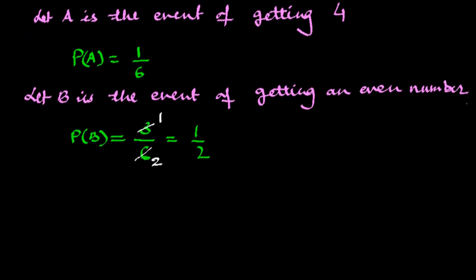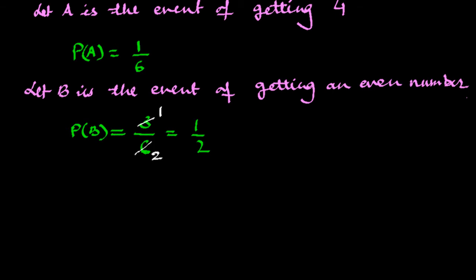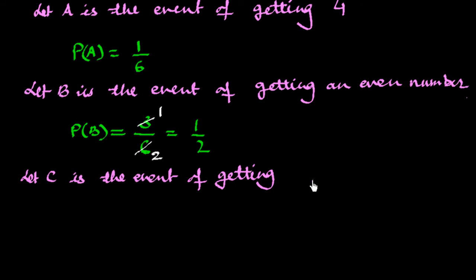Now let C be the event of getting an odd number.